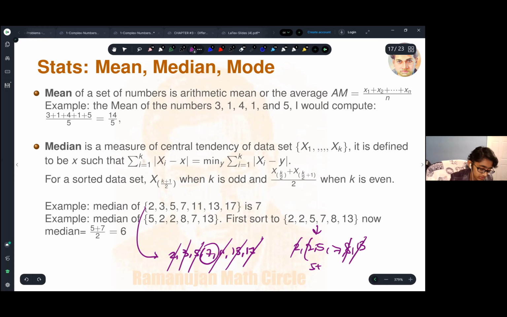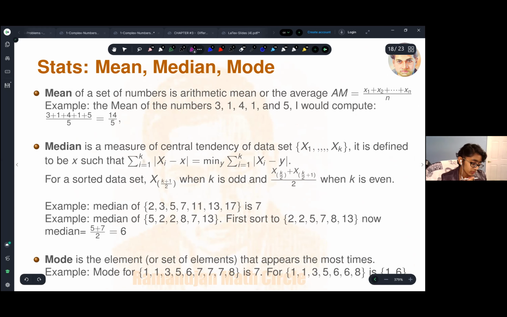You add the two and divide by 2, so you get 6. 6 is your median for this set. So when there's an even number of numbers, you take the two middle terms, add them, and divide by 2. If there's an odd number of terms, you just pick the middle number. There's only one middle number.